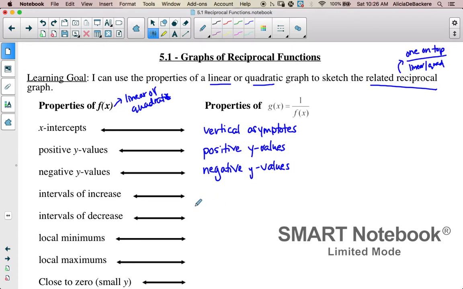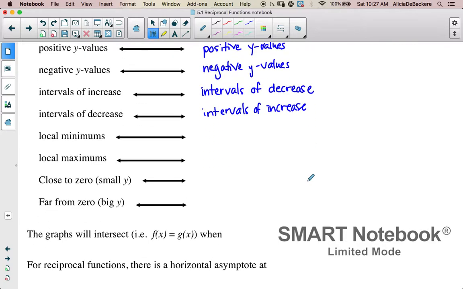The intervals of increase and decrease. This was one of the switches, right? So intervals of increase become intervals of decrease, and then our intervals of decrease become intervals of increase. All right, local minimums.